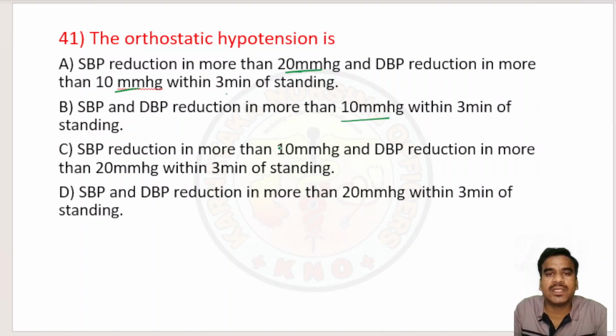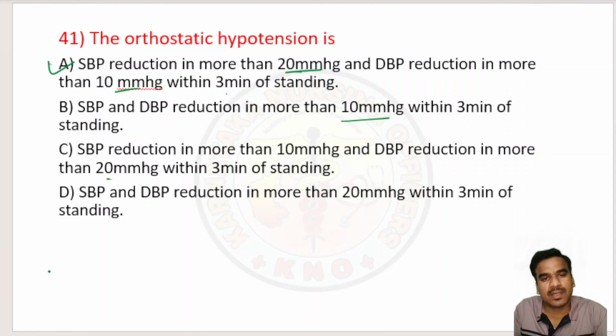Option C is SBP reduction of more than 10 mmHg and DBP reduction of more than 20 mmHg in 3 minutes of standing. And option D is SBP and DBP reduction of more than 20 mmHg within 3 minutes of standing. So here we can see that option A is the right answer.